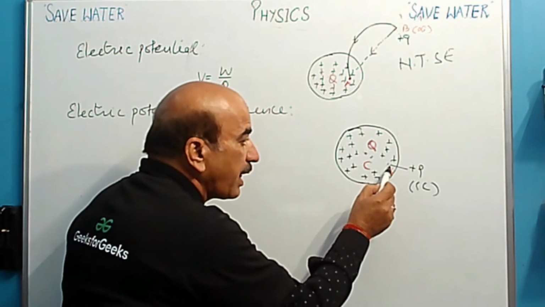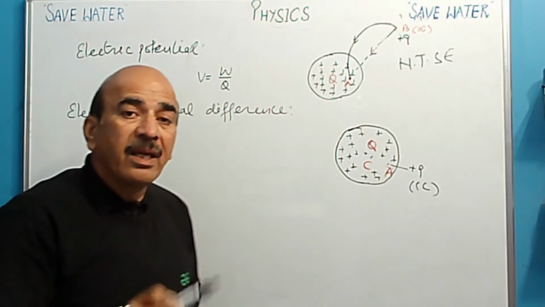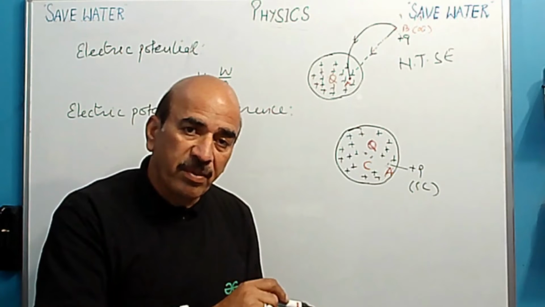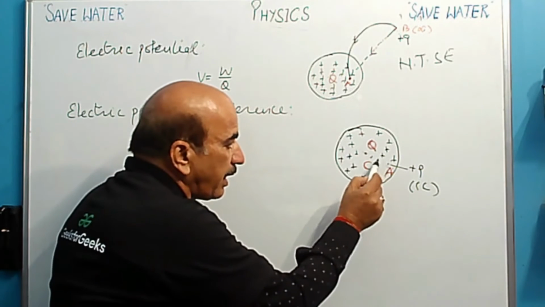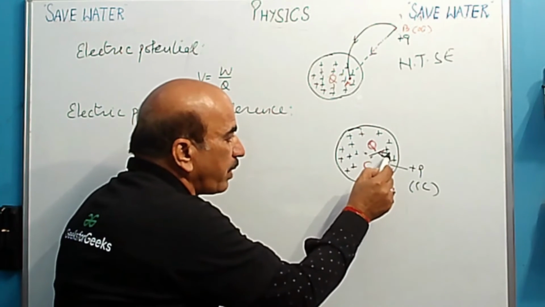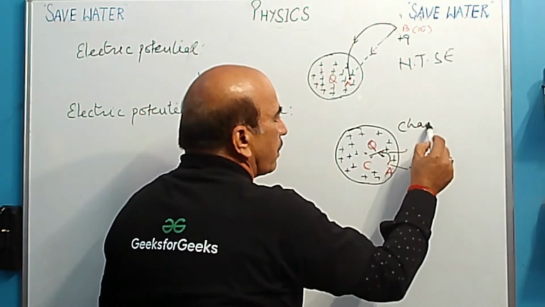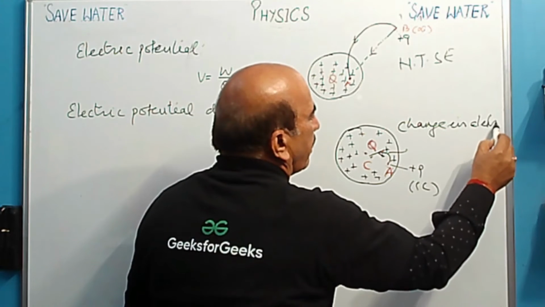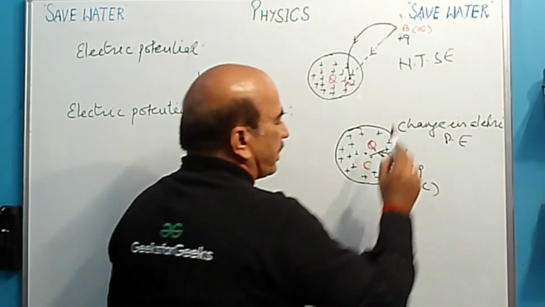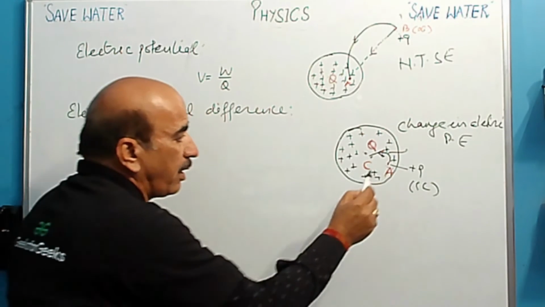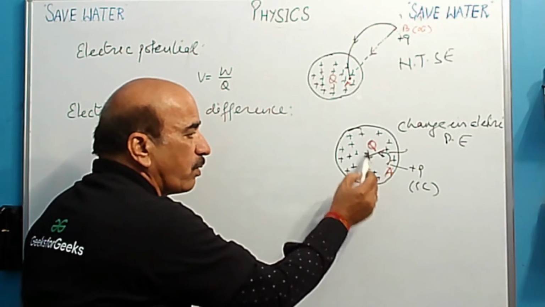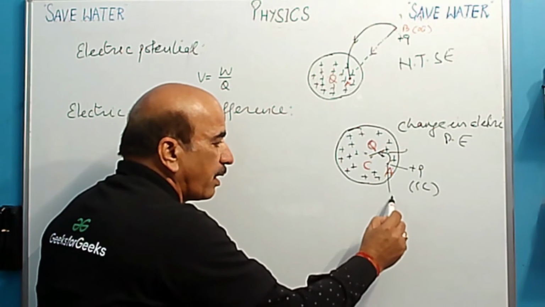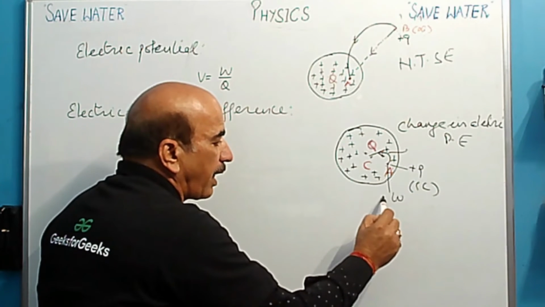So here change in electric potential energy will be there. Change in electric potential energy on moving from A to C. So some work is done to move from A to C. तो यहां पर जो वर्क डन होगा, वो W, and here potential क्या होगा?